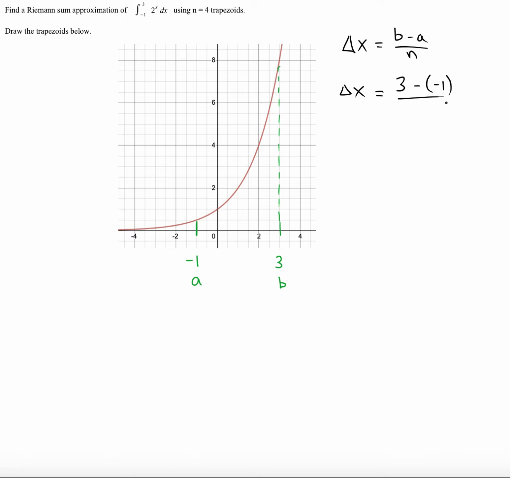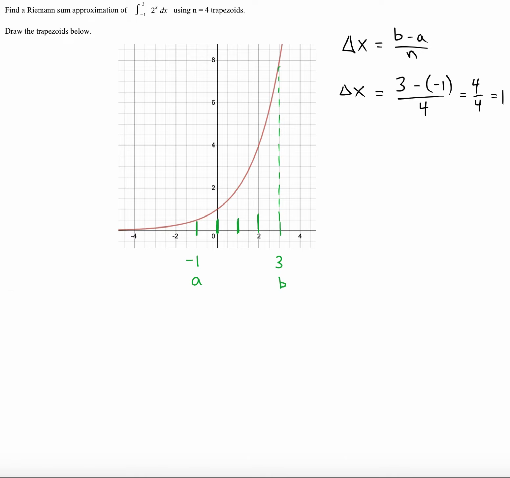And they'd like us to use 4 trapezoids. So this is going to be 4 over 4, which is 1. All right, now we can start to draw the boundaries of where our trapezoids will be. These are the cutoffs between each trapezoid.